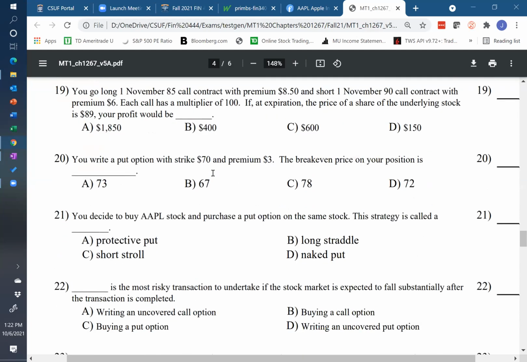All right, you go long 1 November 85 call contract and short a November 90 call contract with premium $6. Each has a multiplier of 100. If at expiration, the price of a share of the underlying is 89, your profit would be what? So here, what is it? We are long a bull spread. We're long the 85 and short the 90.